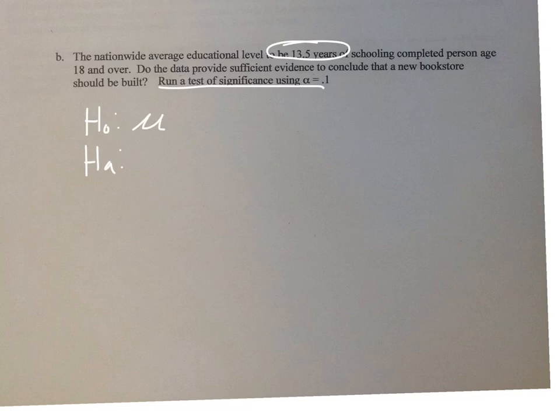So we would be dealing with a t test to complete this. So the average for the nation is 13.5 years of schooling, and we're thinking based on what our results were from our sample that we have a smarter, in terms of years of schooling, population in this area that they're thinking about opening up the bookstore.